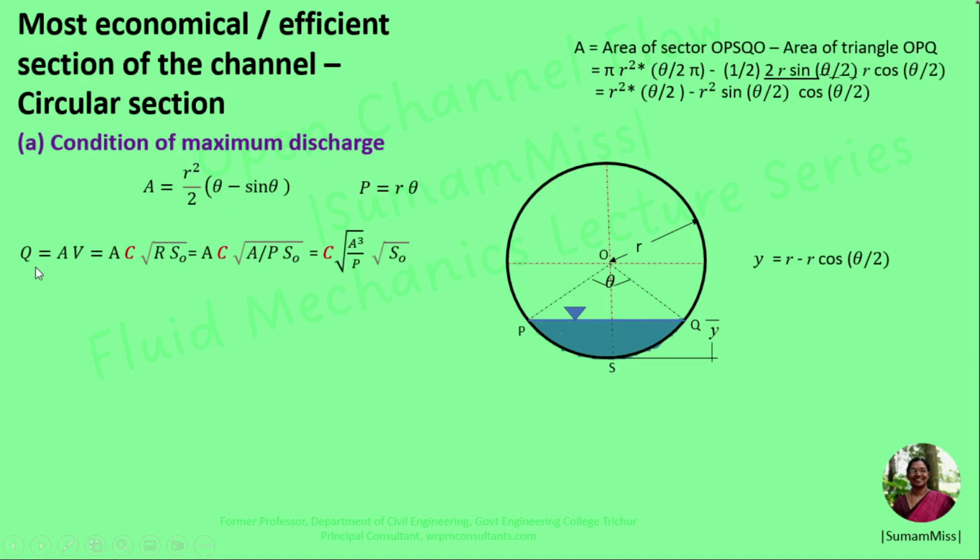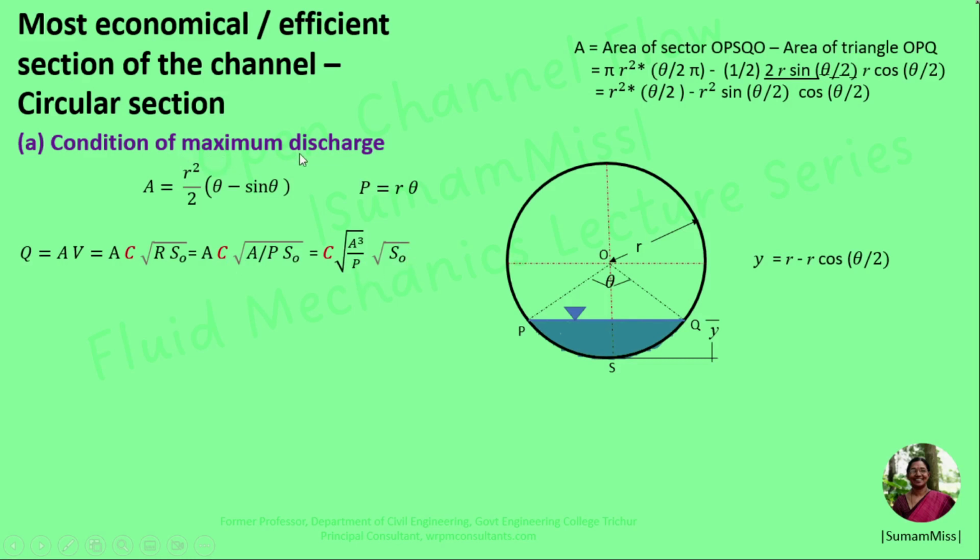So the discharge Q is equal to A into V, that is equal to A into C into root of R into S naught, that is equal to A into C into root of A by P into S naught, where R is replaced by A by P. If you take A into this root, then it becomes C into root of A cube by P into root of S naught.